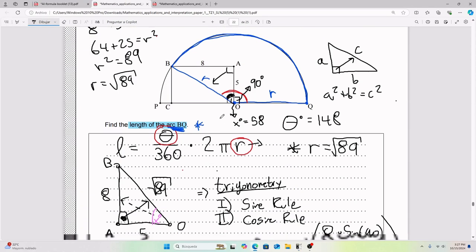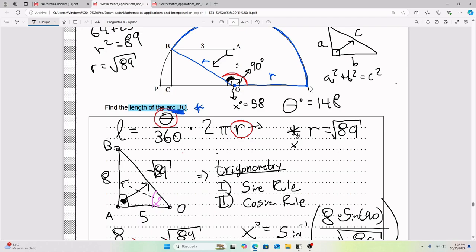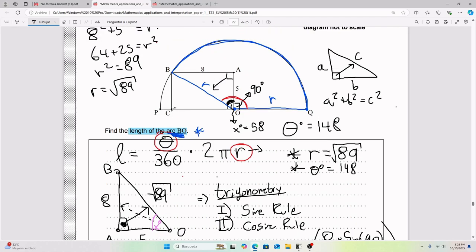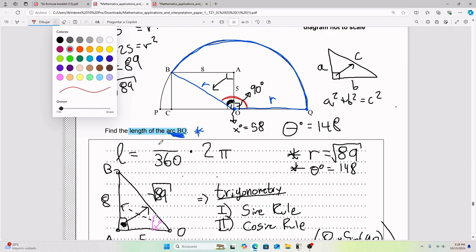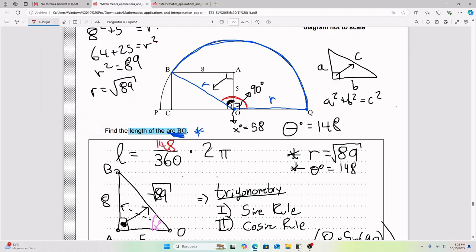So now, ladies and gentlemen, we can finally plug in with everything we have found. You found your radius, you found your theta being equal to 148, and now you can plug in to find the length of arc BQ. And if you go ahead and do that, for example, here my angle we said was 148, and my radius we said was square root of 89.